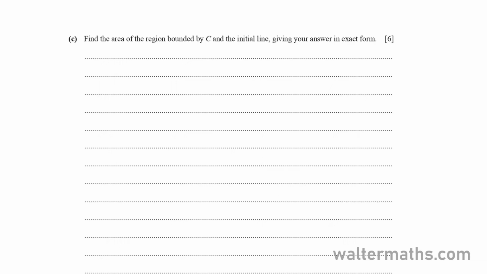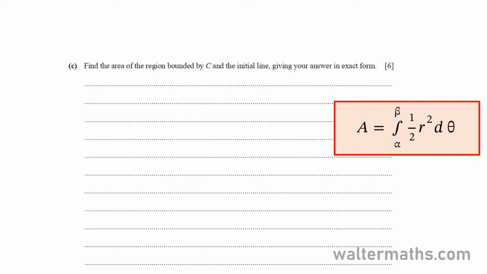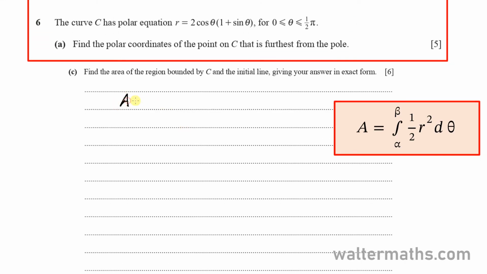So here, to find the area bounded by a graph, we use this formula here. And in this case, we'll be saying A is equal to, factoring out a half, a half of the integral from 0 to a half pi of 2 cos theta times 1 plus sine theta, all squared, with respect to theta.